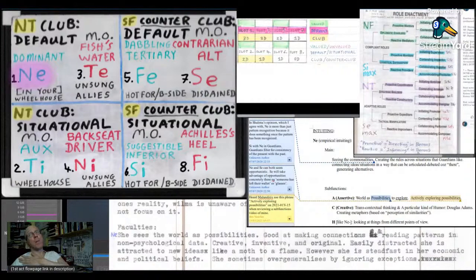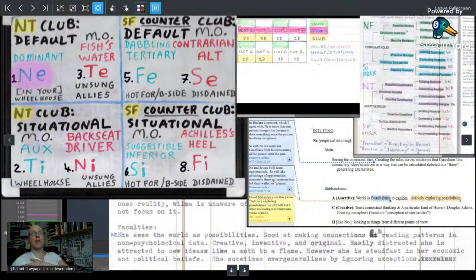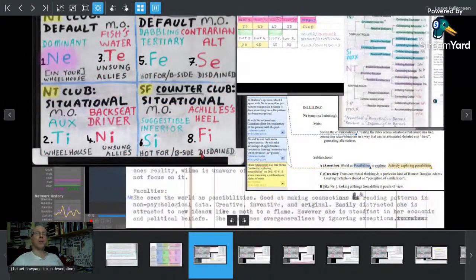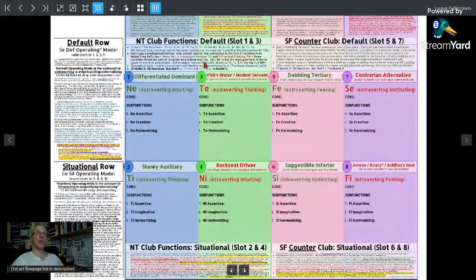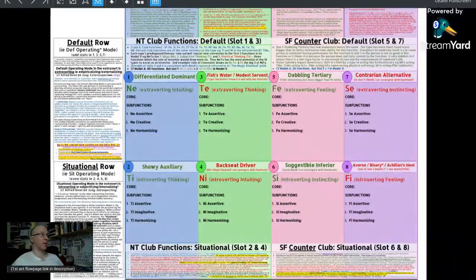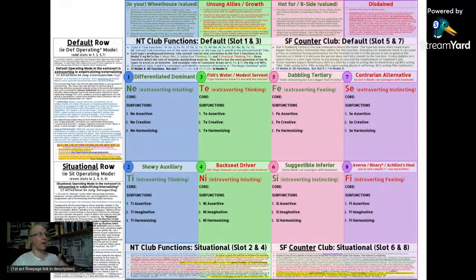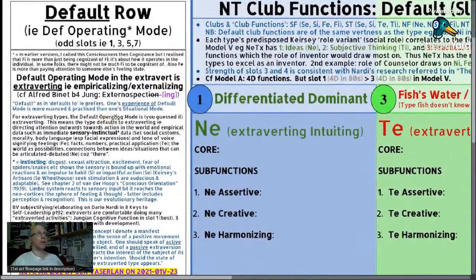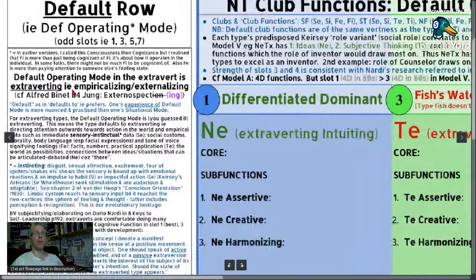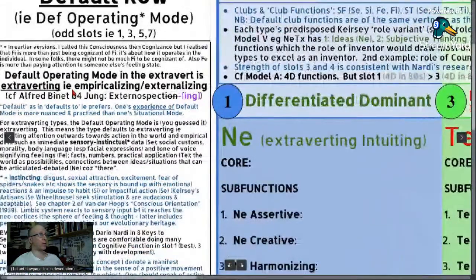So an extrovert, well, Carl Jung actually said an extrovert doesn't exist, but it's somebody who has a preference for extroversion. I call it extroverting because it is a verb, and this explains that. I'm going to read through the key points.